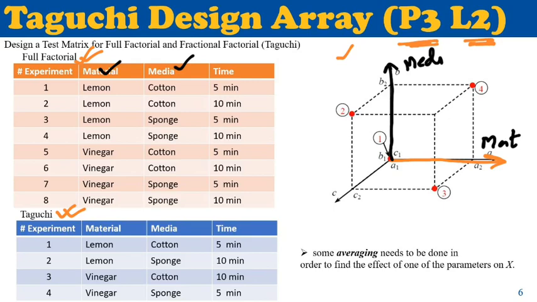So the full factorial test tells you that you have to run at least 8 tests. One here, this is a combination ABC. Again, 2, 3, 4, 5, 6, 7, 8.